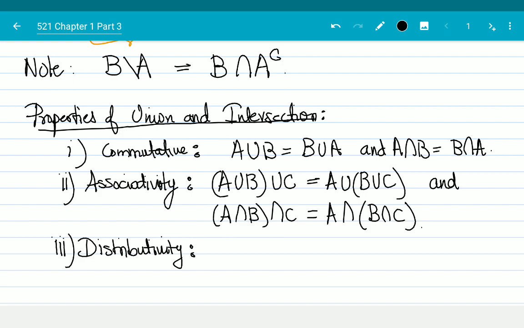Now here we have the interaction of union and intersection with each other.